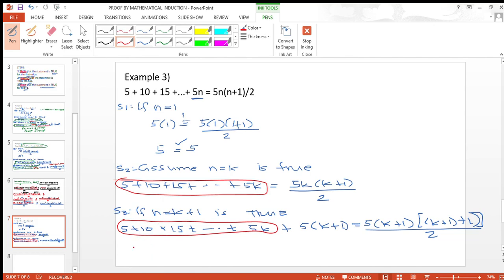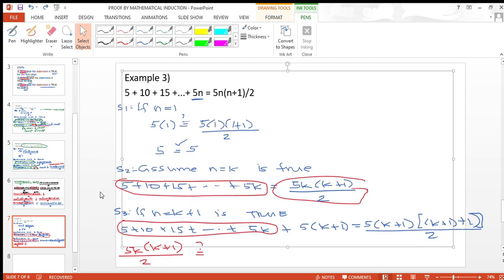Therefore, we can now have this as 5k, which is this value here. We'll just inject it for the entire thing here. That's 5k times k plus 1 divided by 2. And is this equal to the right side? Oh, sorry.